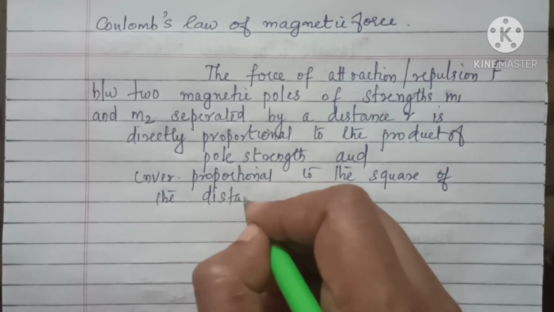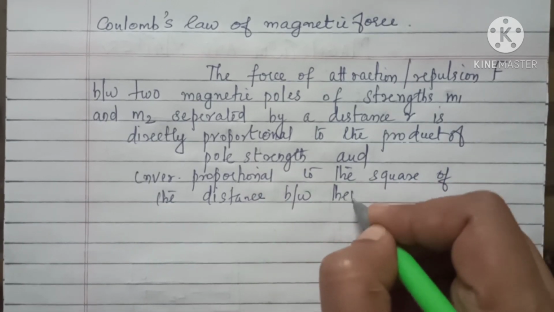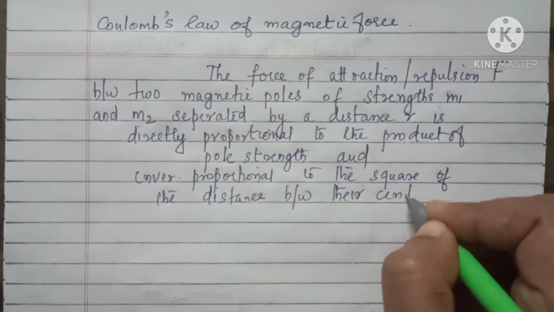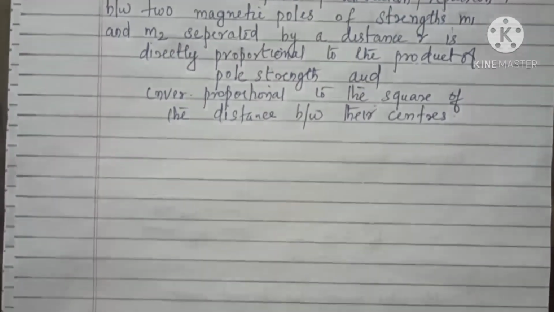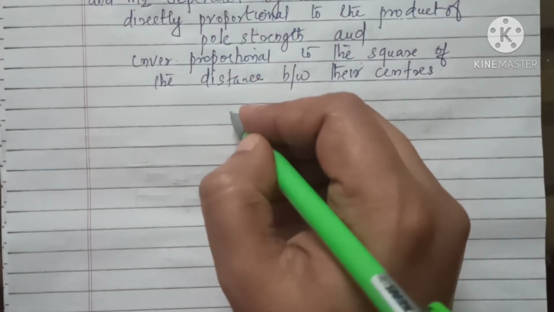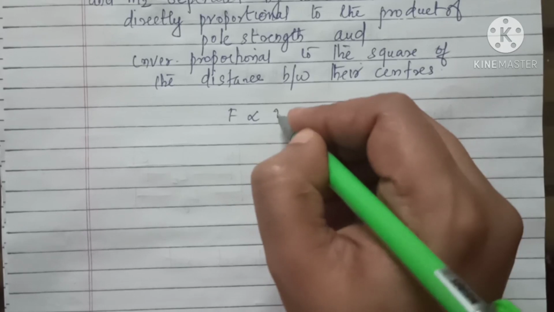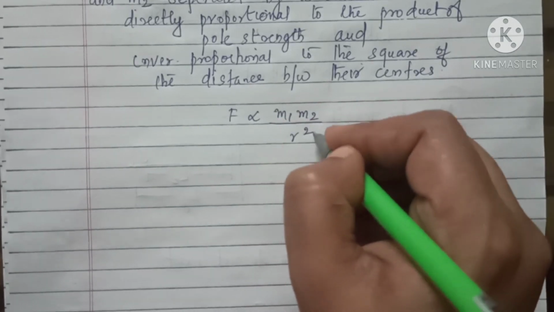Okay. Actually, the distance between their centers. Okay, that's the correct statement. Between their centers. So this can be expressed mathematically like F proportional to M1 M2 divided by R square.